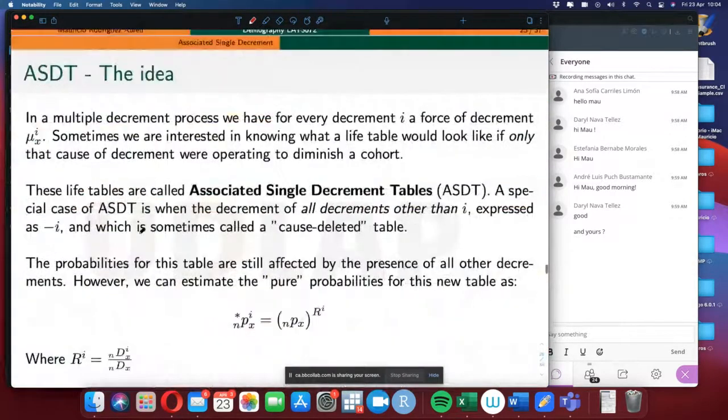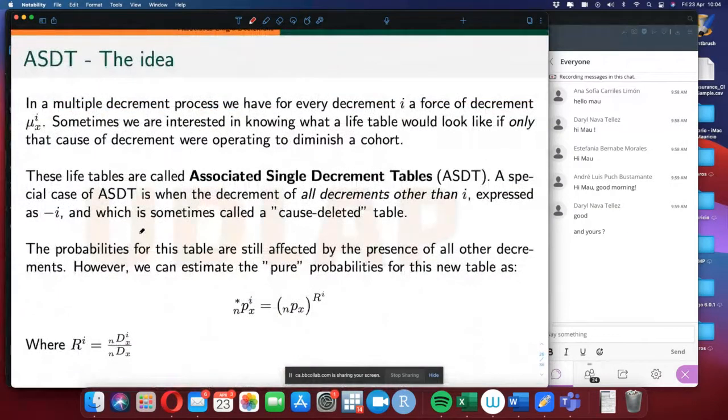And this is a topic that we didn't discuss last week, but I think I started giving you an overview of it. This is going more into demographic topics, because this is not widely used in actuarial sciences, but more in demography.